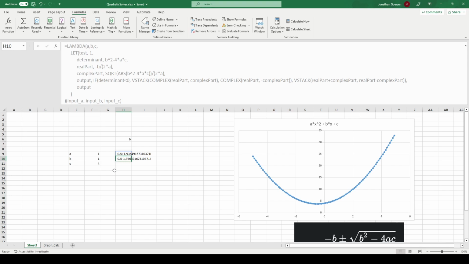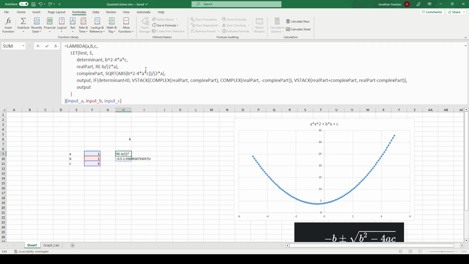And this is what we'd expect from an imaginary pair, is that the real part is the same and the determinant, or pardon me, the complex portion is different. And this will work for all values. Now, this is a little bit hard to look at, so let's add a little bit more to this. What we're going to do is round off both the real part and the complex part.